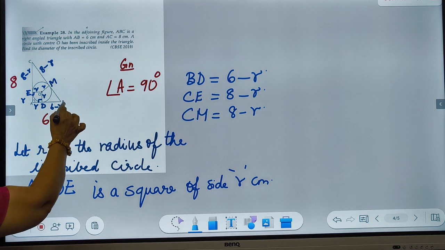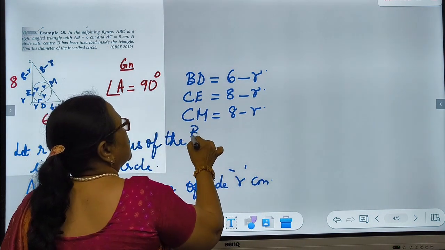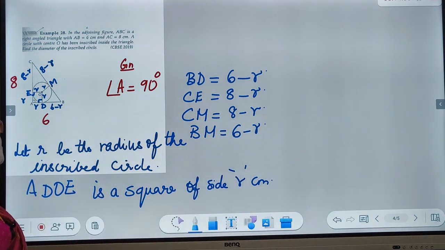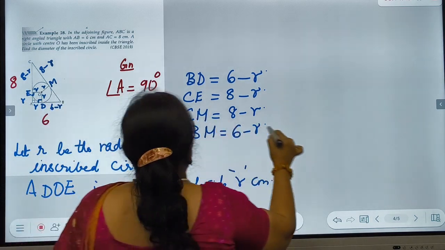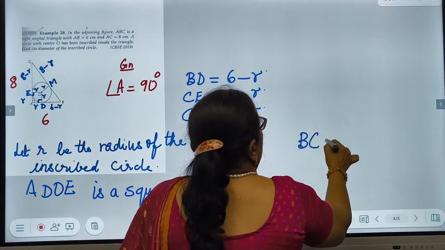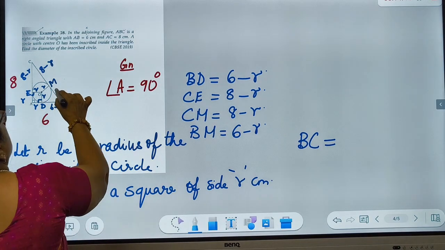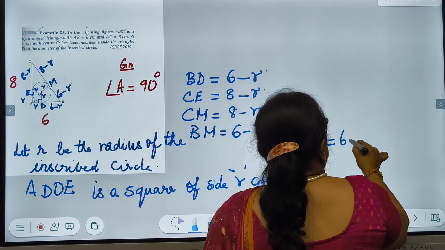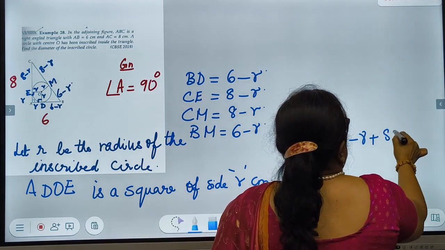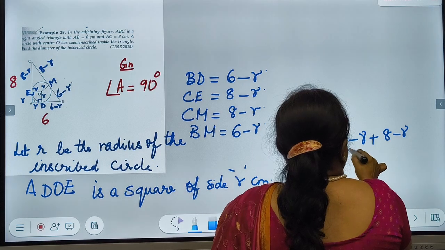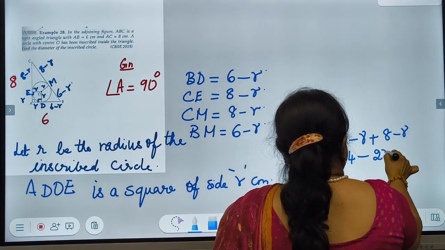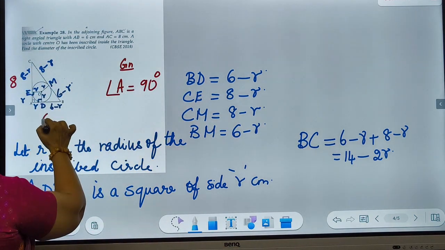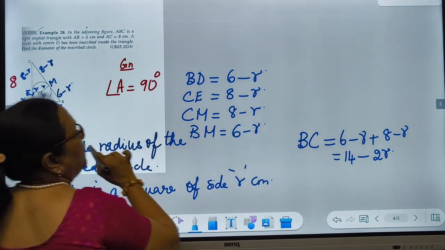Therefore, BD is 6 minus R implies BM is also 6 minus R. Now, what is it that we have? Therefore, BC equal to, now this is also 6 minus R. On one hand, it is 6 minus R plus 8 minus R, 14 minus 2R. Now, this is a right angle triangle. If this is 6 and this is 8, what will be BC?